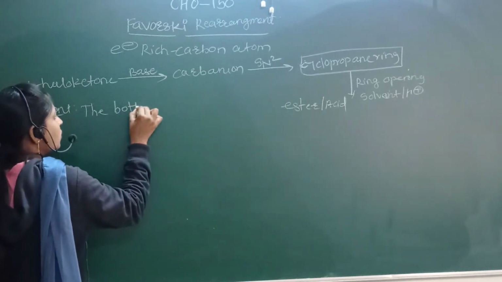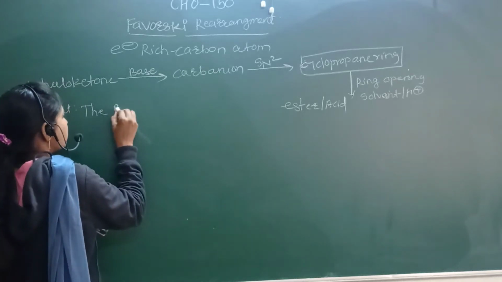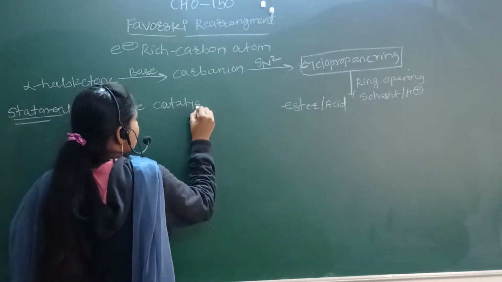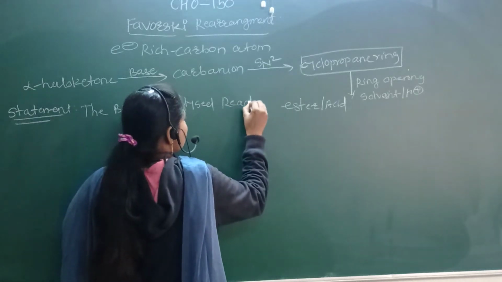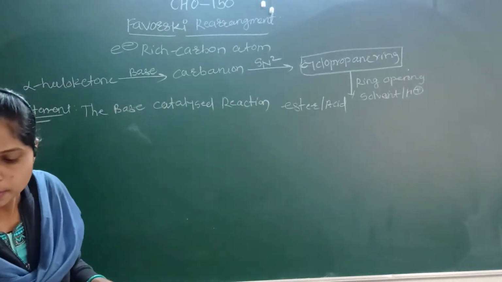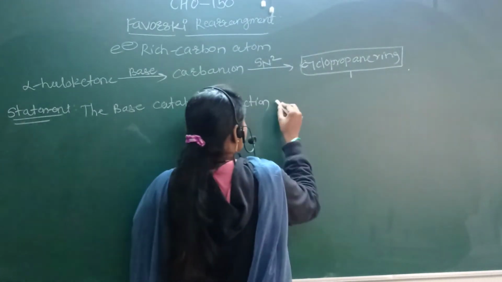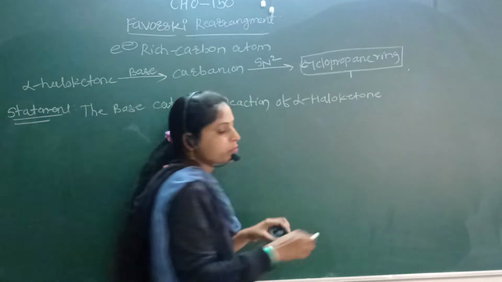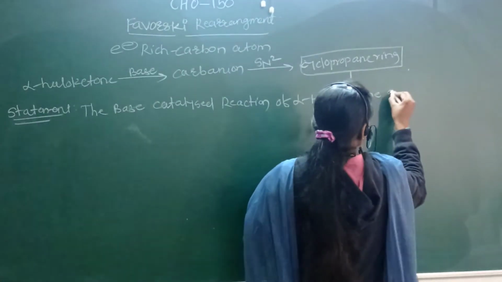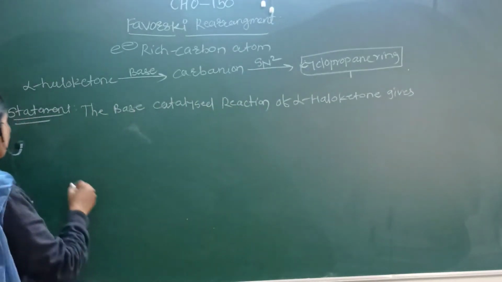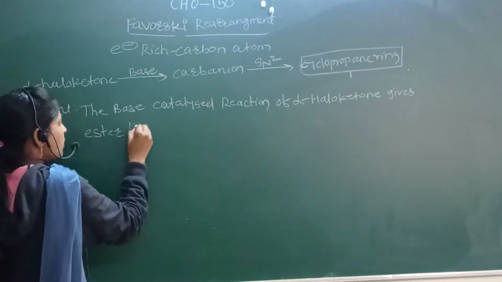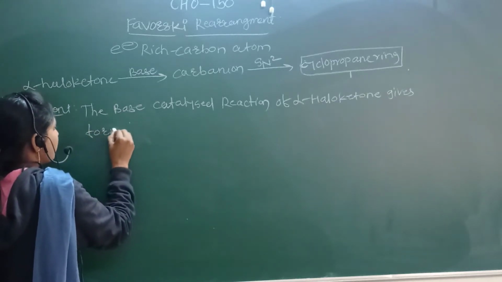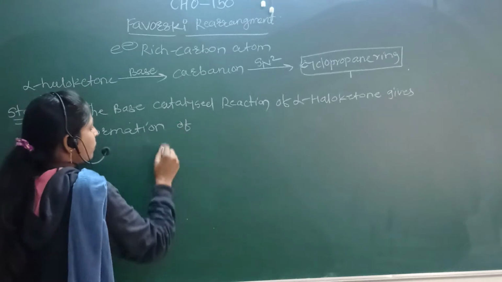The base catalyzed reaction of alpha haloketone gives ester or acid, which involves formation of a carbanion.